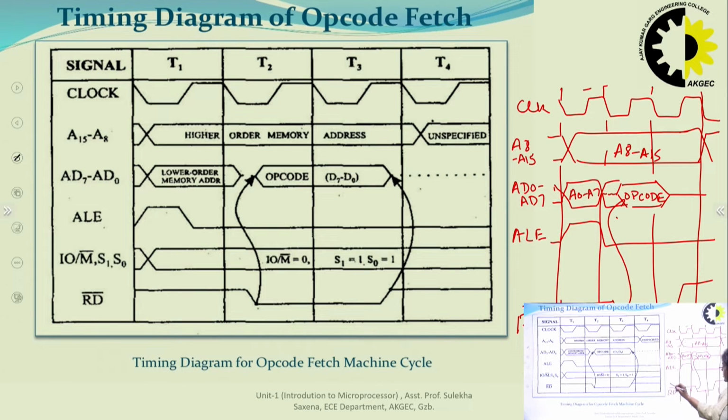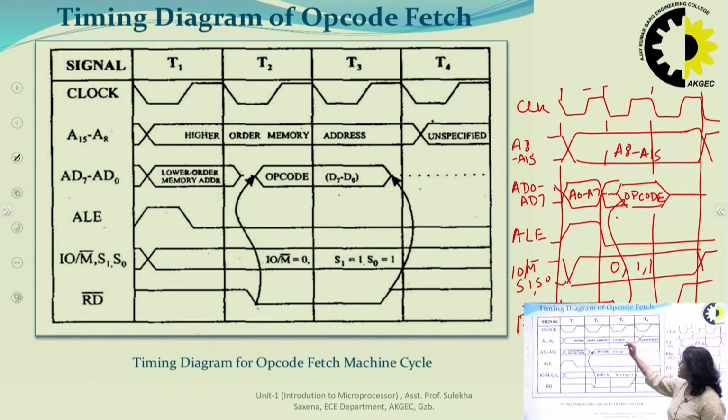And for this IO/M bar, S1 and S0, we can club these signals and make it common from starting to end, 0, 1, 1. So in this way we can draw a timing diagram. So in case of opcode fetch machine cycle, 3 cycles are required to load address, and after that 1 machine cycle is used to decode the opcode.